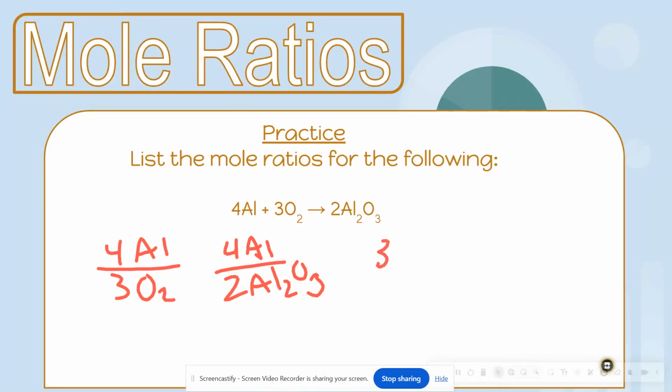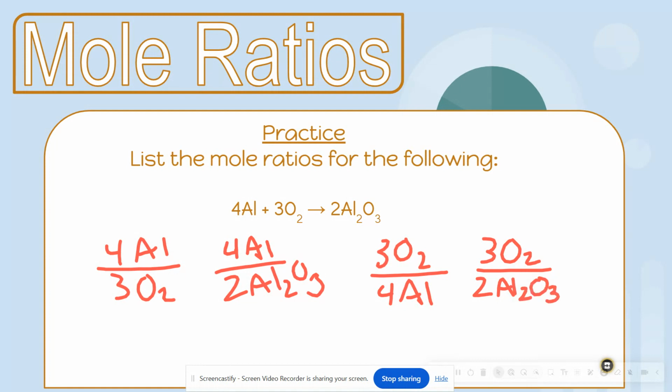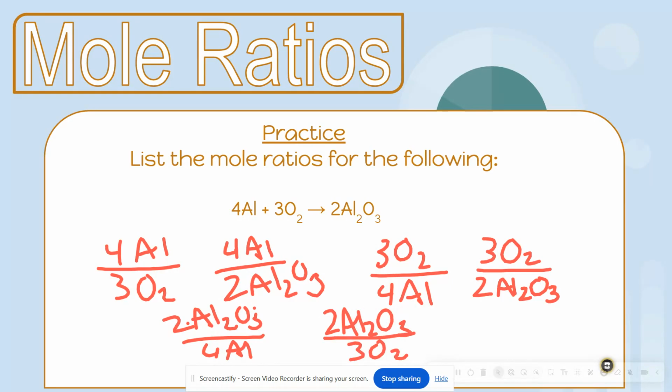Then we can have 3 O2 over 4Al, 3O2 over 2 Al2O3. And then we can have 2 Al2O3 over 4Al, and 2Al2O3 over 3O2. And those are our mole ratios for that particular balanced equation.